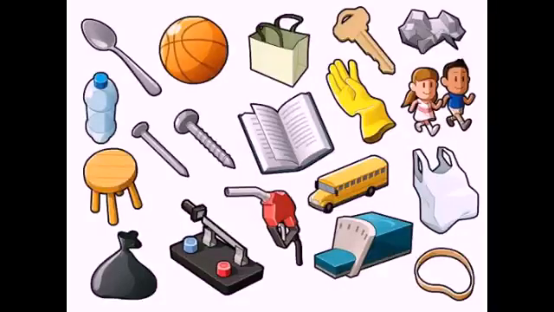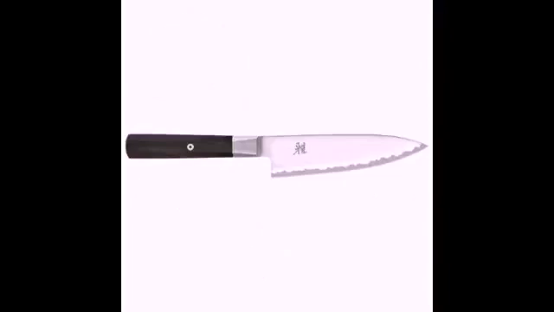Now, why is sorting needed? For example, there are so many objects scattered in your house. Some belong to your kitchen, some to your bathroom, some to your wardrobe, some to your study room, etc. So what will you do? You will separate each item and keep it where it belongs. It will help us find the material easily.